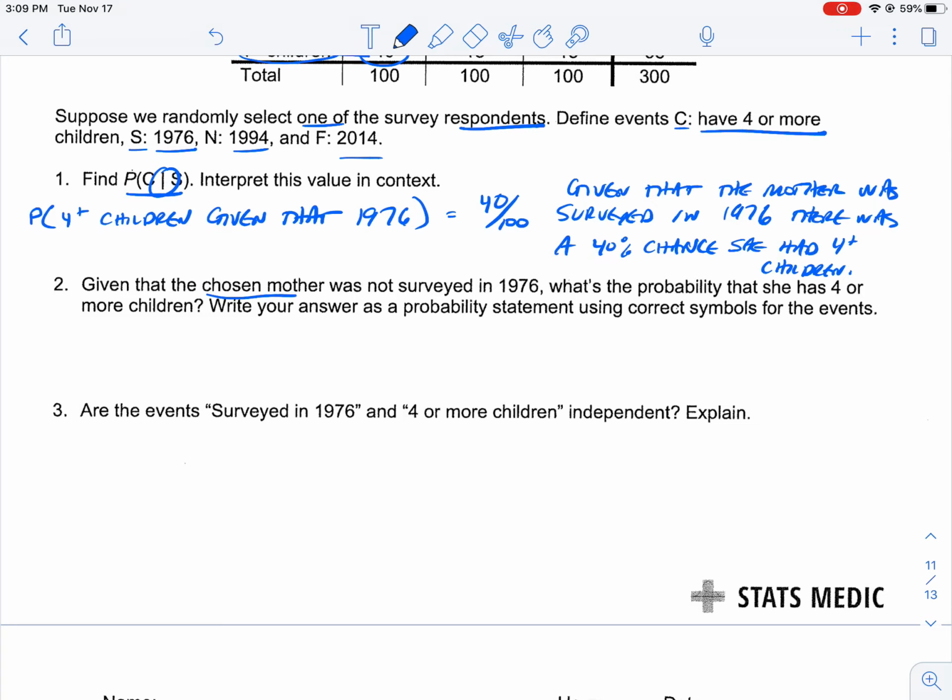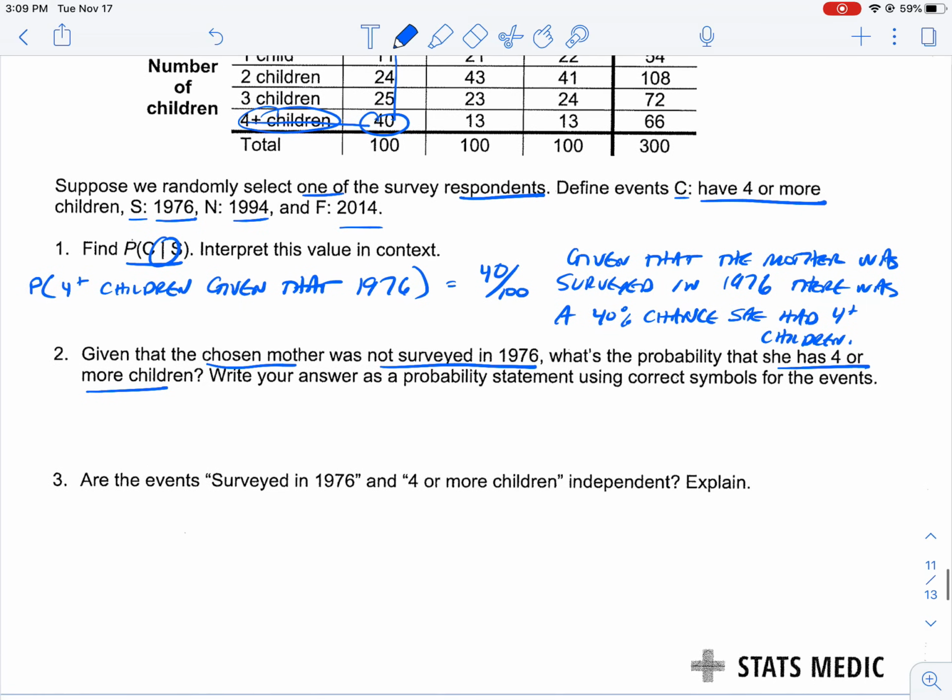Given that the chosen mother was not surveyed in 1976, what's the probability that she has 4 or more children? So this is going to be the complement of that 1976.